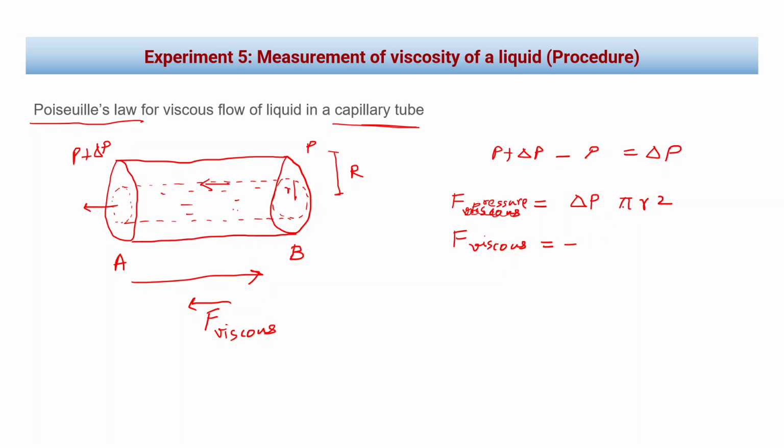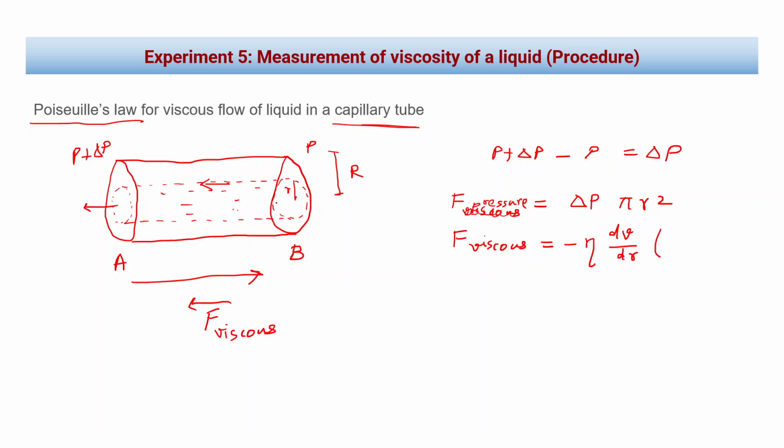So F viscous will be minus eta dV by dr, again the velocity gradient, dV by dr. Here we had written dV by dx there. Now that x is this radius. So dV by dr, and now what is this area?